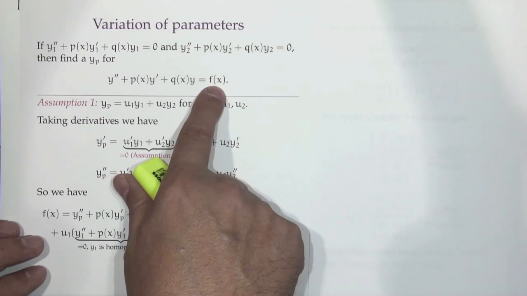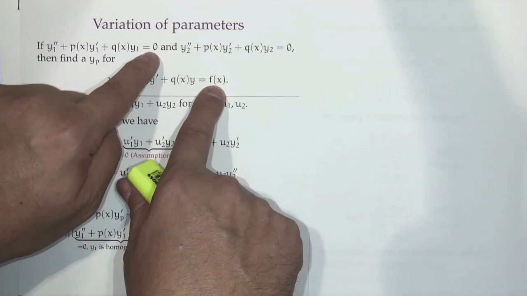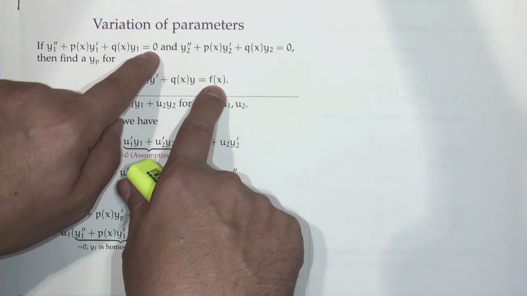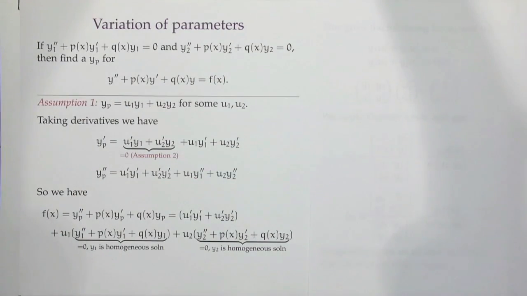What's happened? If it helps, I'm kind of pointing to things. F of x becomes 0. So what you have is you say, aha, we have the homogeneous solutions. And there should be two of them. So we're saying, if you have the homogeneous solutions, you can use them to find the particular solution.